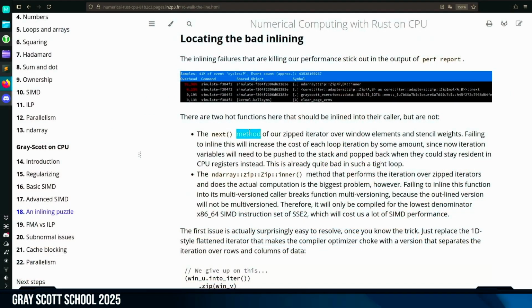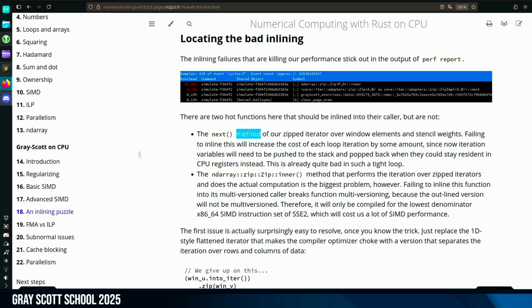By doing so, we realized that we have 2 problems. One is the next method of our iterator over pairs of elements from U and V. What we did at the time is we used flat iteration, so, you know, row major iteration over all elements.